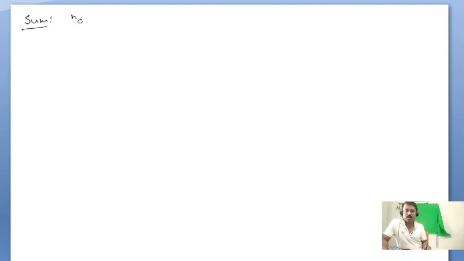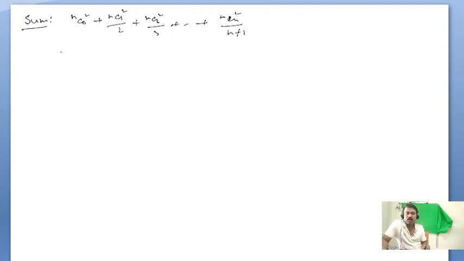We have to find the sum of nc0 square, nc1 square by 2, nc2 square by 3, up to ncn square divided by n plus 1, equals, we may write this as sigma r equals 0 to n, ncr square divided by r plus 1.